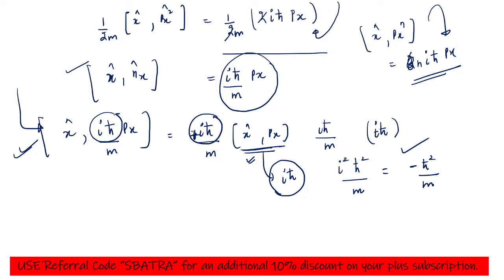You can just take the constant as it is outside this particular bracket. So it will be plus iota h cut by m, h operator into px. Now this is also iota h cut, so iota h cut will give you iota square h cut square by m. So minus of this value, iota square is minus 1, so this is h cut square by m. Is it now clear, Ankit? Any doubts now?